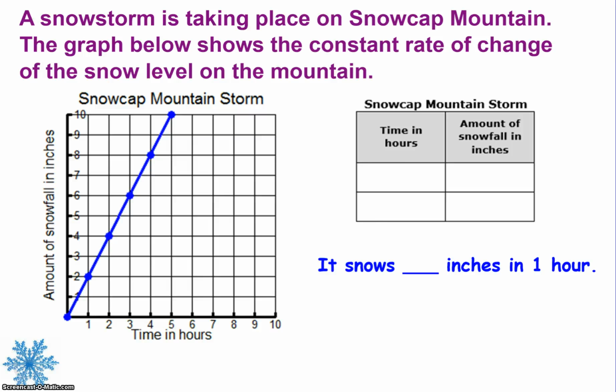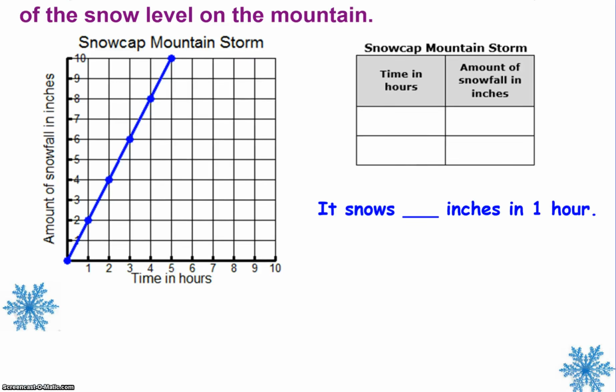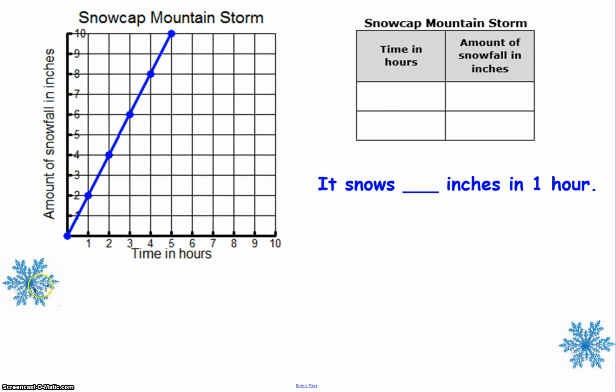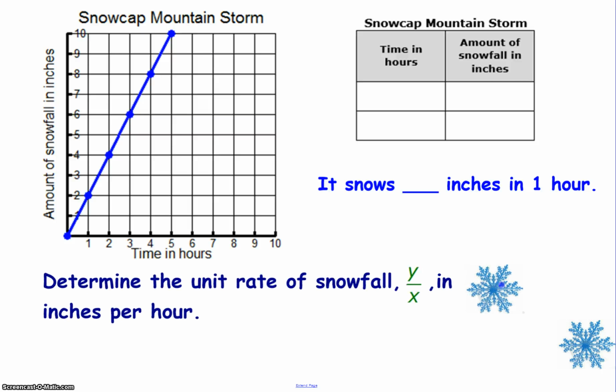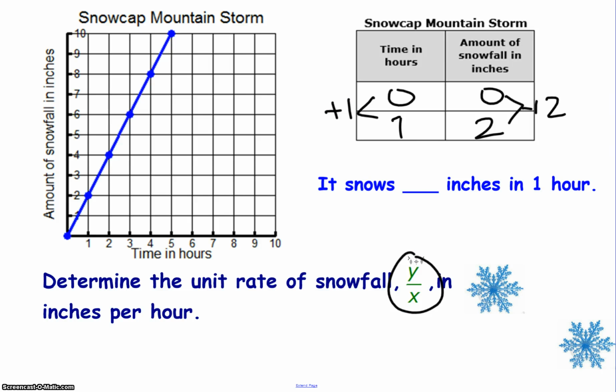So now it wants to know how much it snows in 1 hour. So to determine the unit rate of snowfall, I'm going to go ahead and fill this back in. We use y divided by x.